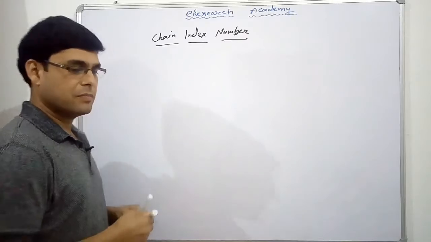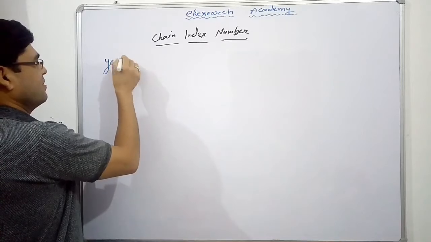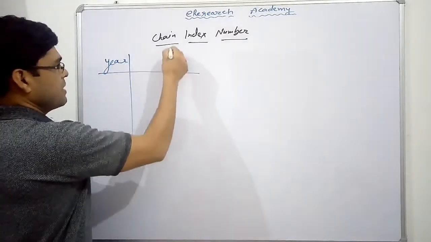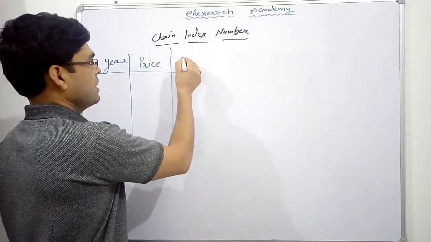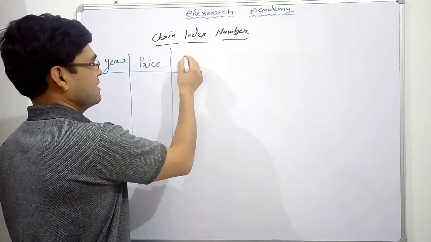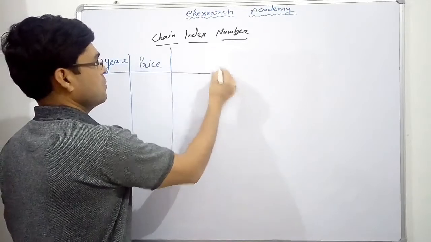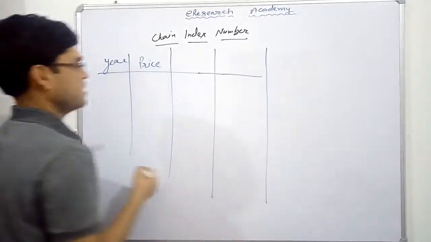We have an example here with figures in the form of years. For a few years we are given a price, and we have to construct the chain index number. Before constructing the chain we need a link relative, and only then do we construct the chain index.